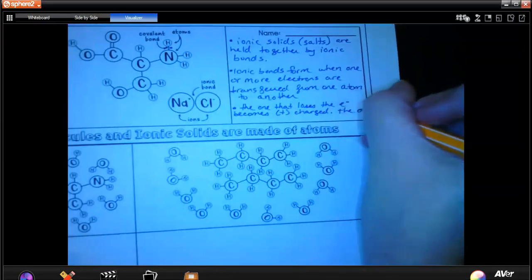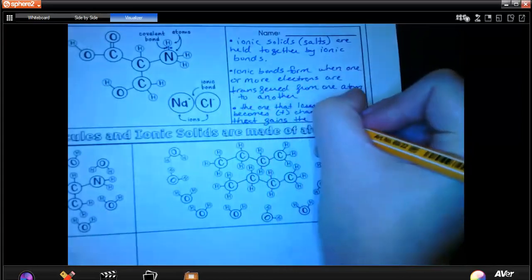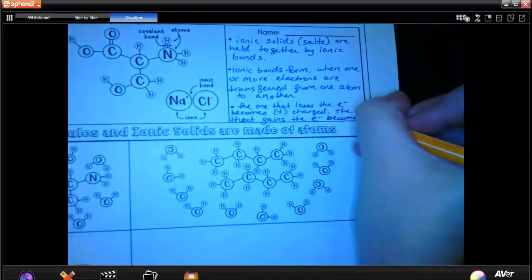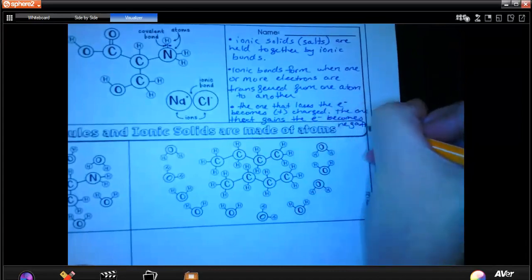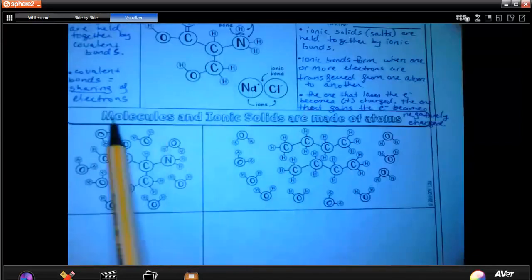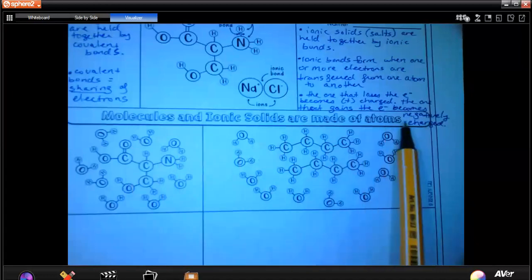The one, and I'm going to run out of room here, that gains the electron, once again, E with the negative means electron, becomes negatively charged. Oh, I forgot my little negative sign. Oh well, wrote out negatively. Negatively charged. So these bonds are atoms joining together. So molecules and ionic solids are made of atoms.